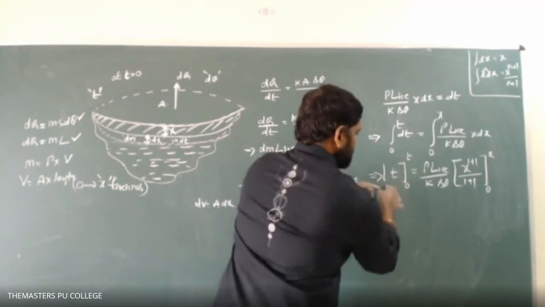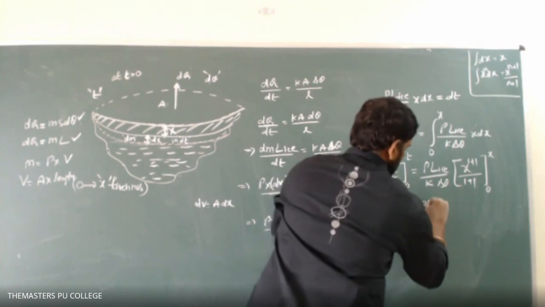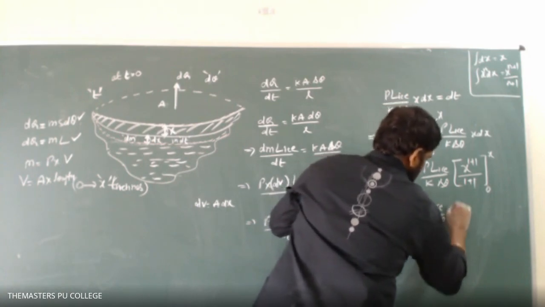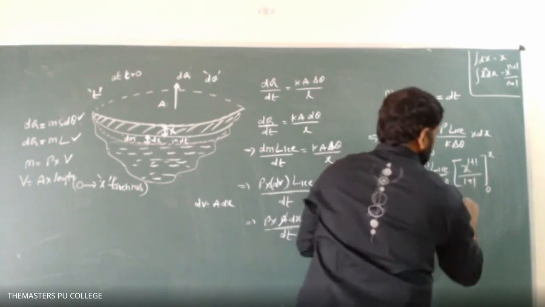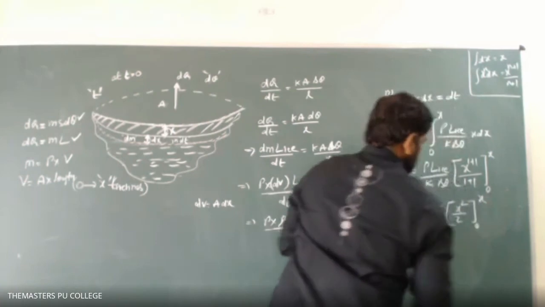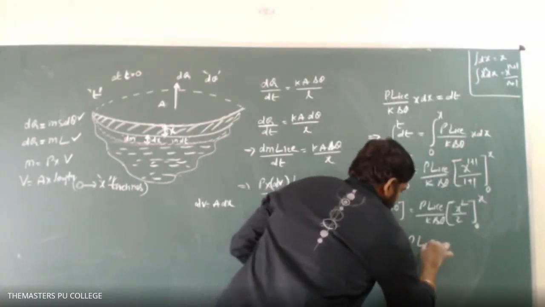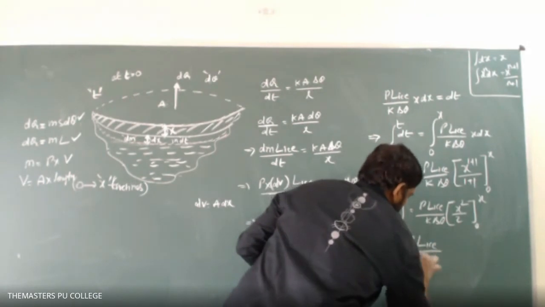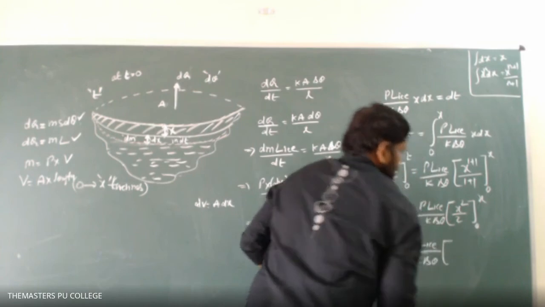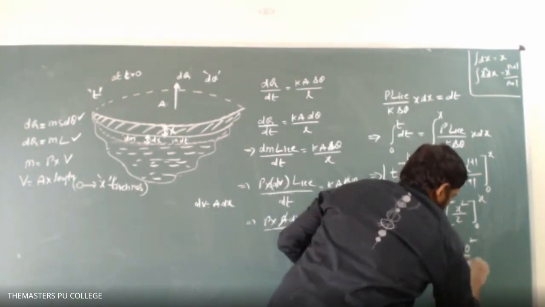So therefore, upper limit minus lower limit, t minus 0 is equal to rho into latent heat of ice divided by k delta theta, into x power n plus 1, which means x square divided by 2, within the limits 0 to capital X. Then I can write t is equal to rho L of ice divided by k delta theta, into x square minus 0 square divided by 2.